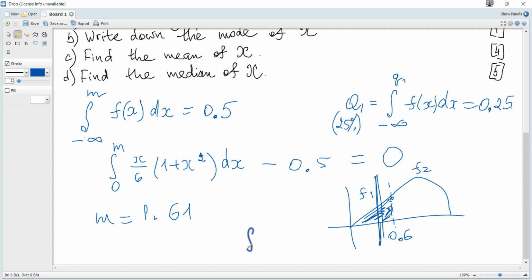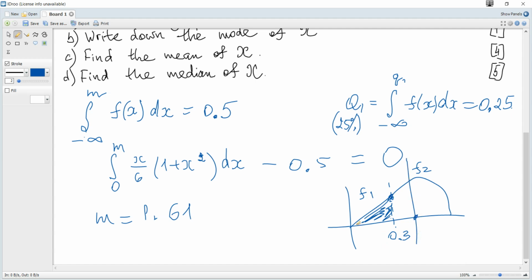So to find the median, we consider the integral from 0, if it starts from 0, because in general it may start from another point, to m of f1 dx is 0.5. But if this area is, for example, 0.3, you understand that your median is somewhere here.